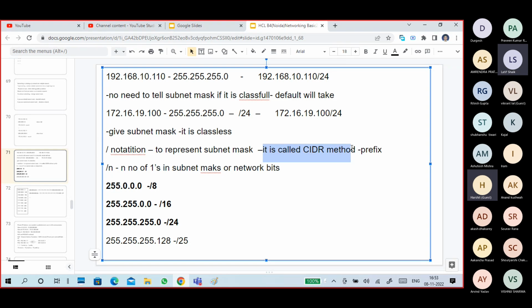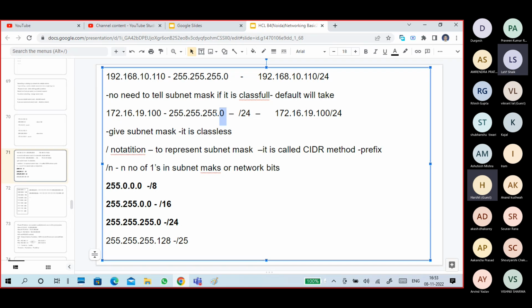This method we call the CIDR method, classless inter-domain routing. In some places we also call it a prefix. The prefix means you are telling about a subnet mask or representing the network ID, dividing network and host.